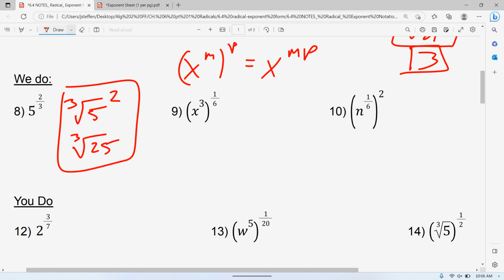So if we have x to the third raised to the 1/6 power, we multiply those. So this is the same thing as x raised to the 3 by 1/6.